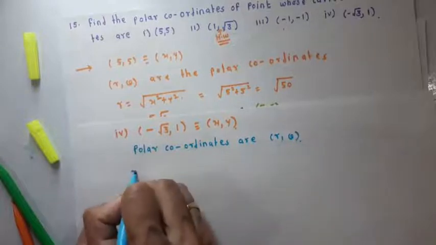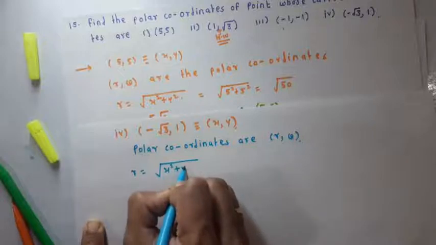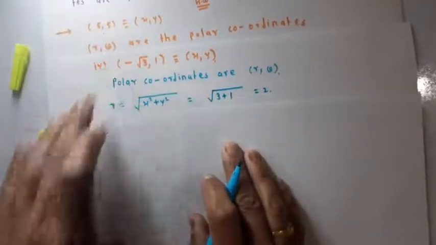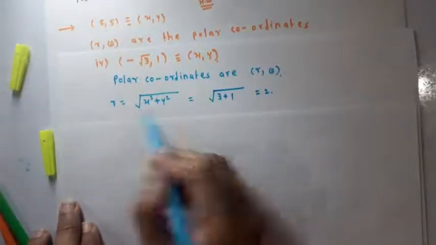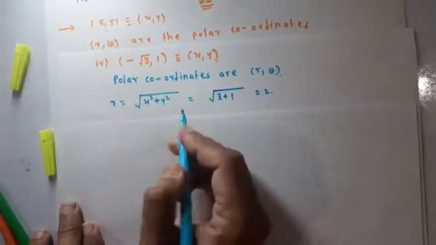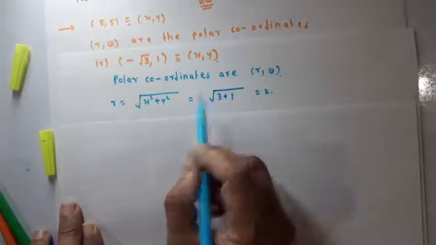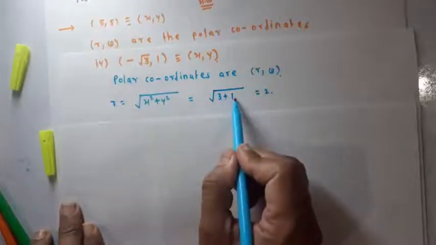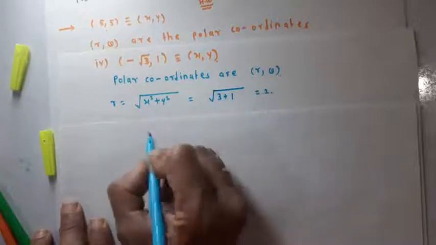So what is r? r equal to square root of x square plus y square. Minus root 3 square is 3, plus 1 square is 1, and square root of 4 is 2. So the value of r is 2.